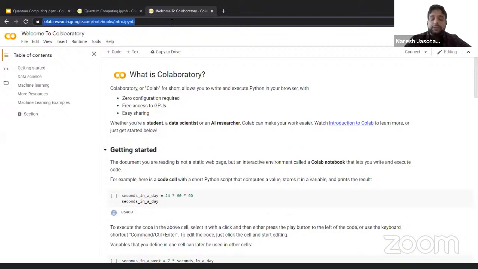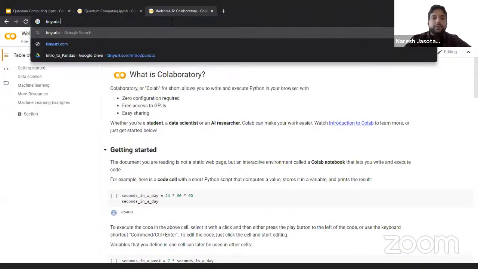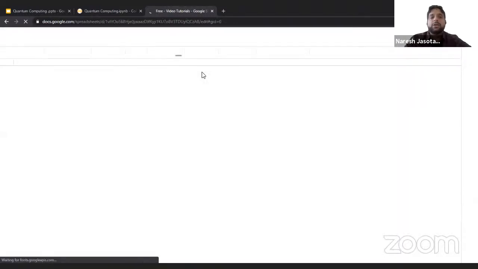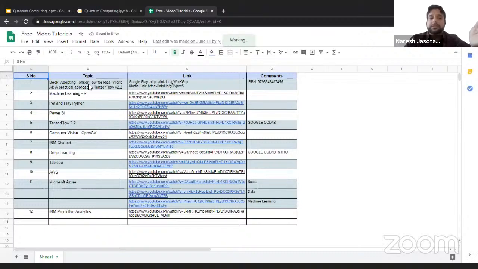What you can also do is go to tinyurl.com/freemachinelearning, and you would see a list of things which you can learn on your own. This is the link for my book. But also machine learning with R, if you want to learn Python, Power BI, TensorFlow 2.0, this is something which you can utilize today to get started on Python and TensorFlow.